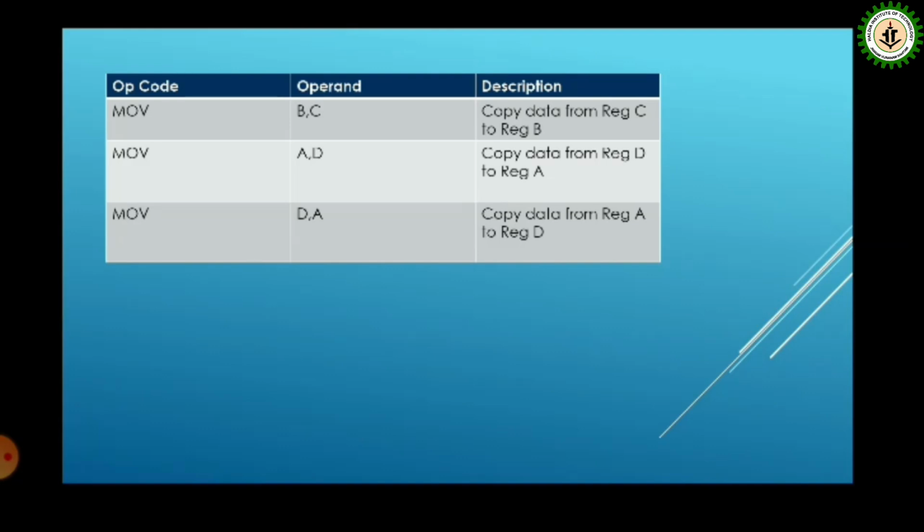MOV D, A, if content of A is 1AH, then after this instruction, contents of A will be 1AH, contents of D will also be 1AH. So MOV instructions are all of the same pattern, and this is a very basic 1 byte instruction.